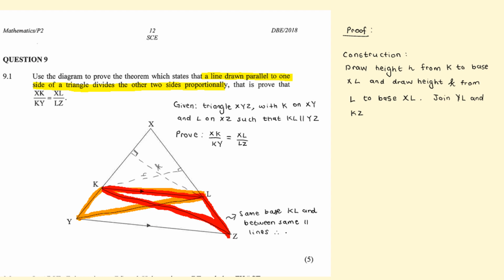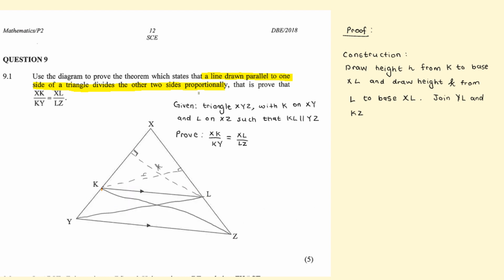Therefore, they have equal area, because they have equal heights. That's information you need in order to construct this proof. Another thing you need to know is that when triangles have the same altitude, the areas of those triangles are proportional to their bases.